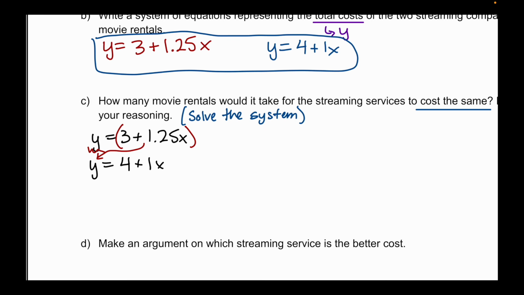So what that creates is now 3 plus 1.25x equals 4 plus 1x. Let's subtract that 1x from both sides. 1.25 minus 1 is 0.25x.